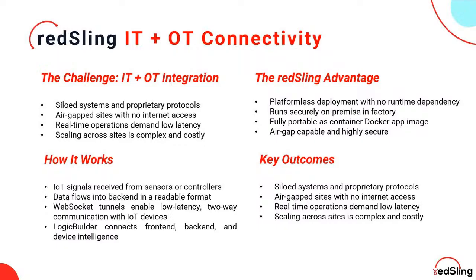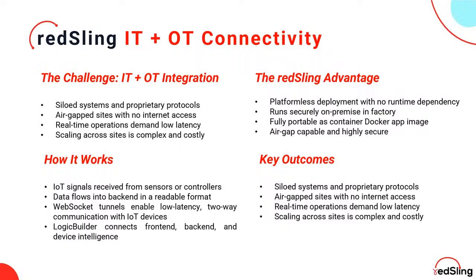Now, this particularly has enormous benefits, especially in the IT OT connectivity areas. OT is operational technology, where you have robots, grippers, sensors, IoT devices, and often these are in factory settings where there is no connection to the internet, or you are in 5G, industrial 5G kind of networks.